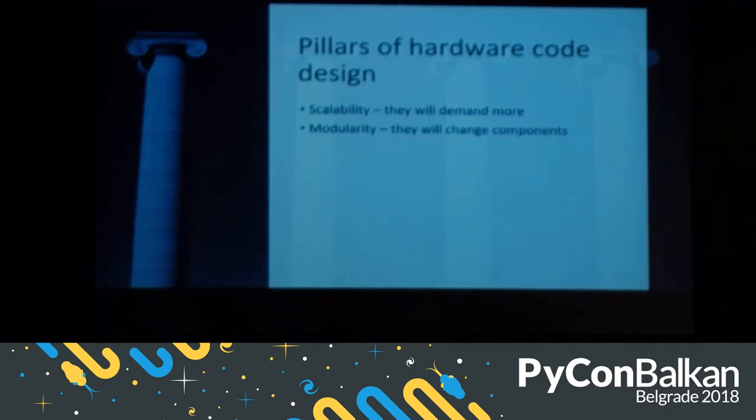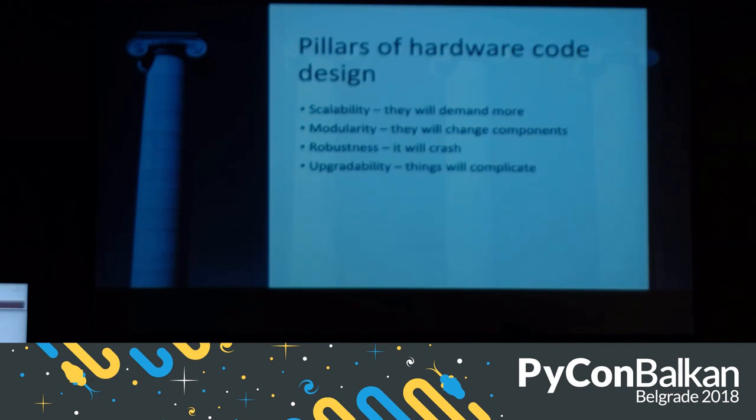What if that changes? You have to be prepared for this. Robustness. No matter what you do, the hardware will eventually crash. If you have IoT devices or in a remote location, this might be really, really tricky. And it should be able to easily upgrade.